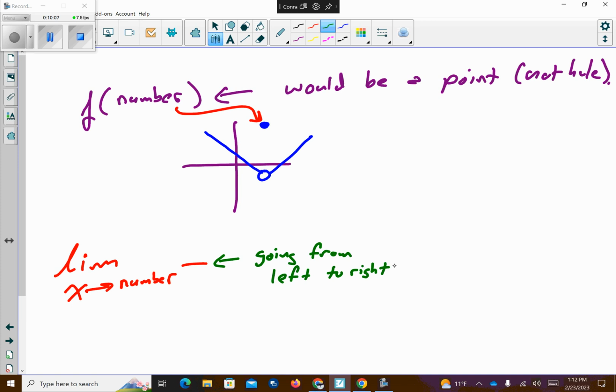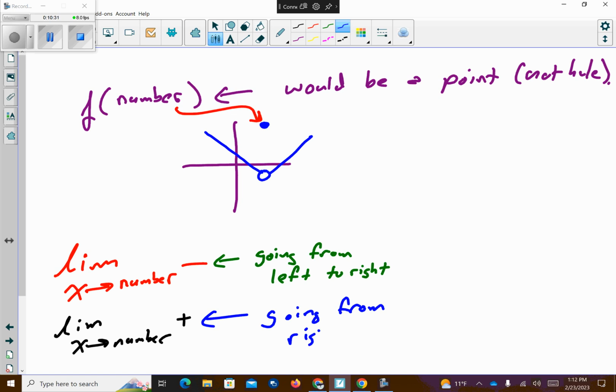The limit can be a hole. That's totally fine. If I see the limit of x going to a number and there's a positive that it's raised to, this means going from right to left.